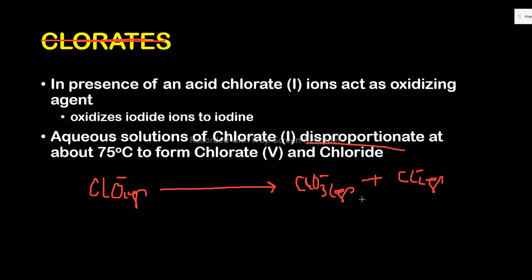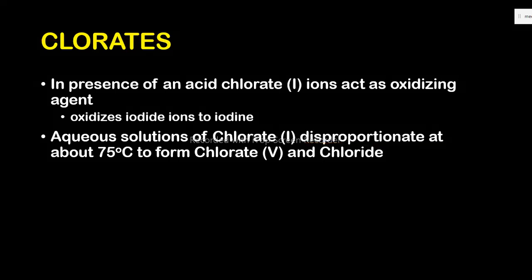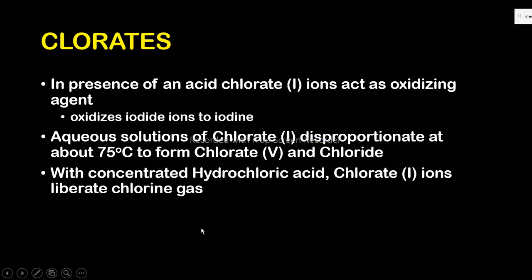So if we try to balance, this is aqueous, if we put a 2 here and we put a 3 here, our equation will be balanced. So it's as simple as that. Then, that one occurs in aqueous solution.